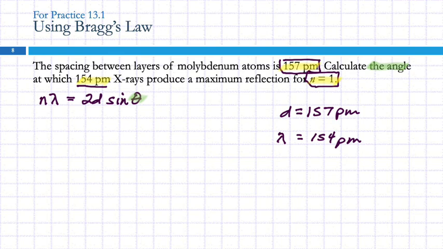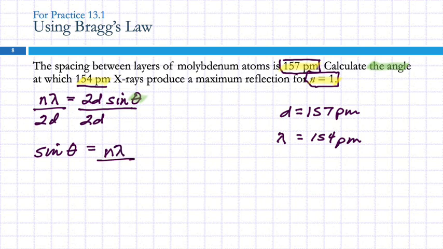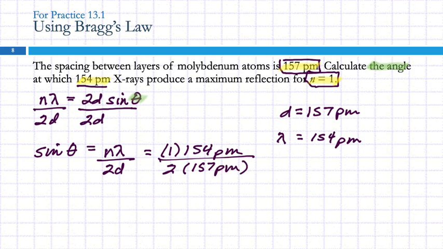So I can rearrange this equation, divide this side by 2d, and divide the other side by 2d. And then I find out that the sine of theta is equal to n lambda over 2d. So I'm going to plug my numbers in here. n is 1, lambda is 154 picometers, 2 times 157 picometers.